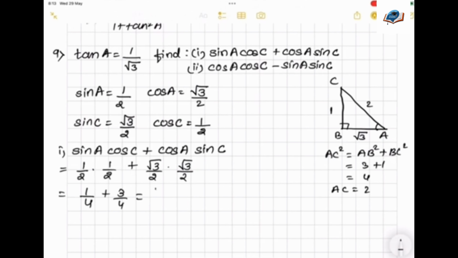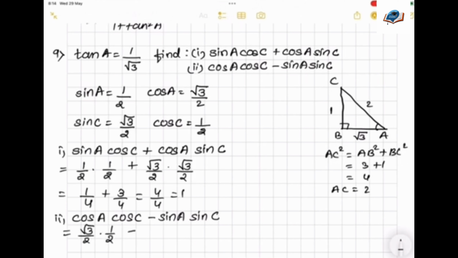So that is 4 by 4, so that is equal to 1. Now the second one, cos A cos C minus sin A sin C. So putting the values again, cos A is root 3 by 2, cos C is 1 by 2, minus 1 by 2 into root 3 by 2. So that will be root 3 by 4 minus root 3 by 4. So that will be equal to 0.